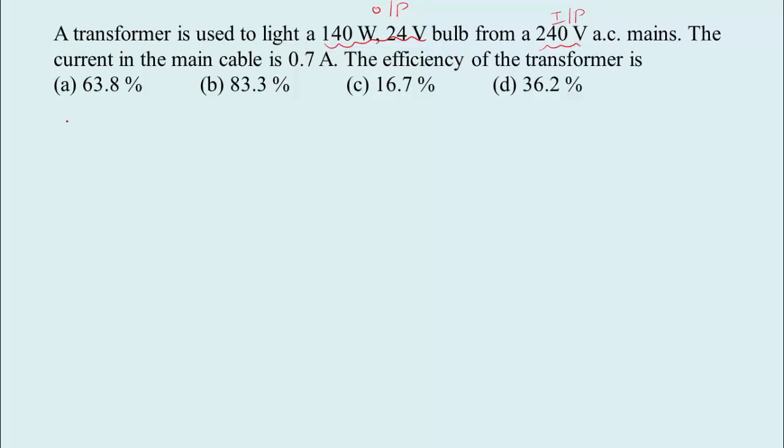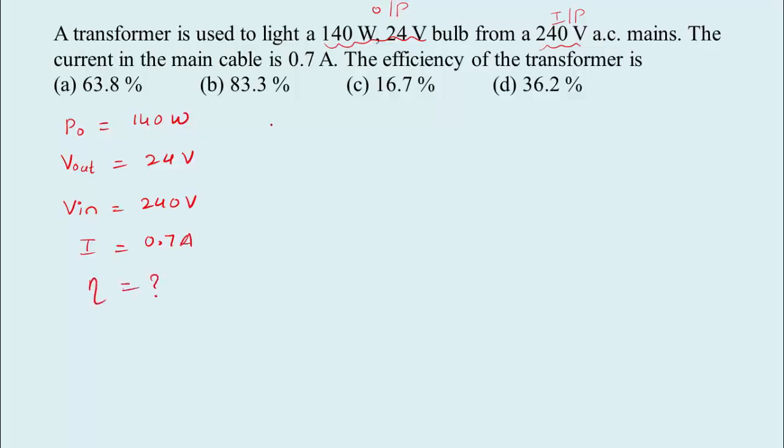Output power PO is given as 140 watt. Output voltage is 24 volt. Input voltage is 240 volt from the AC main, and current in the cable I is 0.7 ampere. We want efficiency.